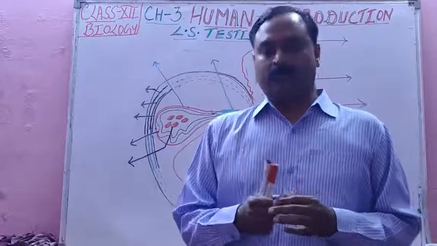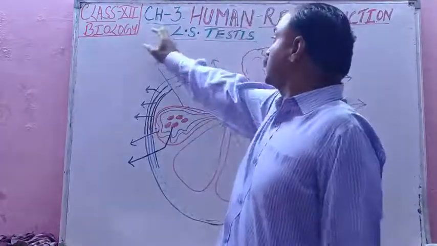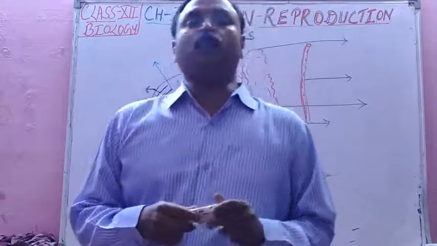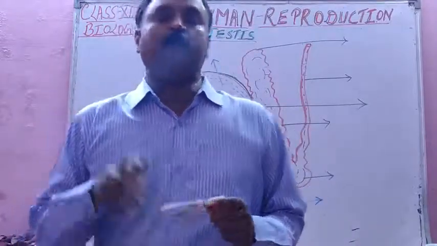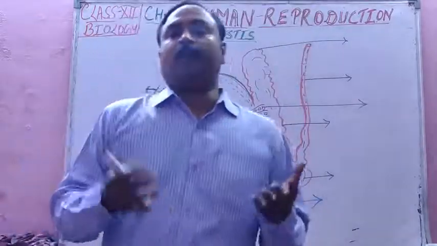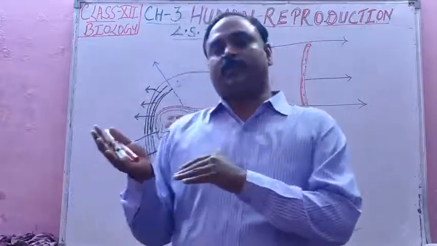Good morning, student. Today we are starting with the third chapter in biology, class 12th, that is human reproduction. In this, we are going to study varieties of questions, and in that, first is the male reproductive system, then the female reproductive system.